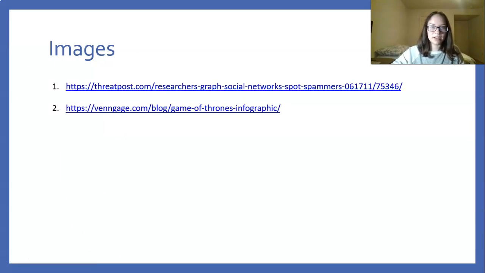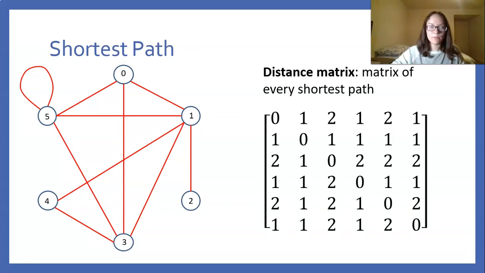Let me go back right now to the shortest path page, because we're going to have a video online of an algorithm that you can use on a network to find the shortest path from one node to another, for every pair of nodes in the graph.